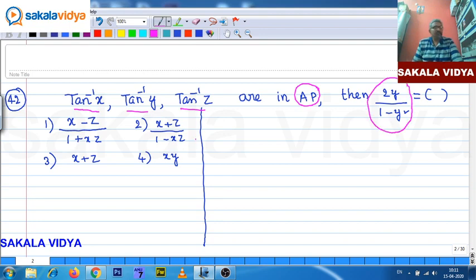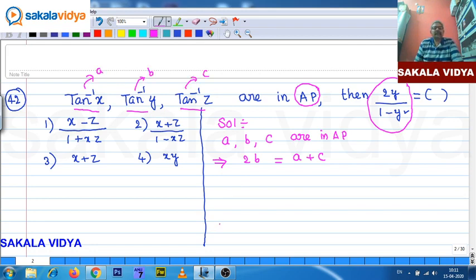So that means, for example, if A, B, C are in arithmetic progression, then B is the arithmetic mean between A and C, or we can write like this: 2B equals A plus C. That means here this is A, this is B, this is C. Substituting the respective values, here we get 2 tan inverse y equals tan inverse x plus tan inverse z.